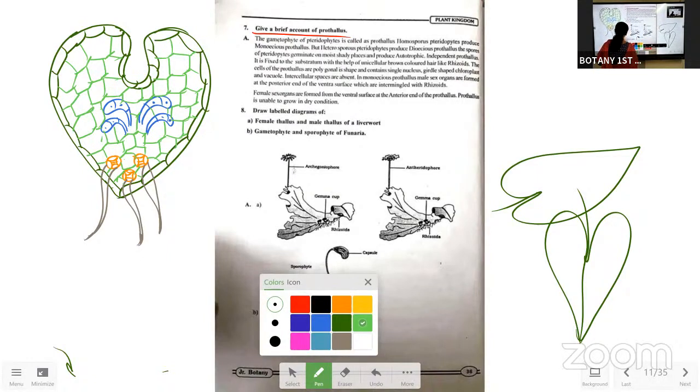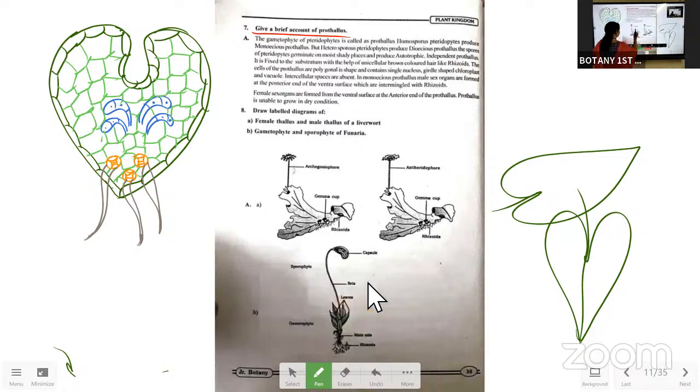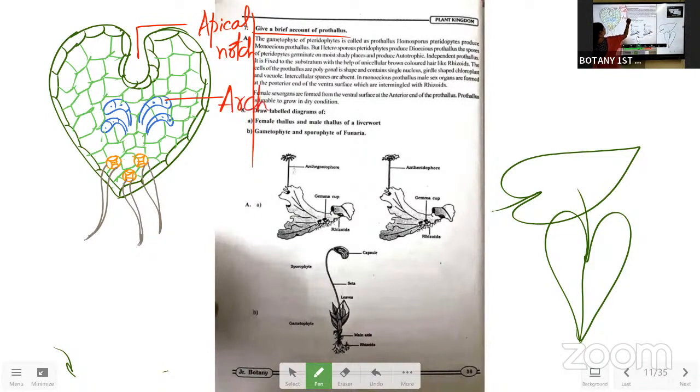Now we start the labeling. This is the apical notch. These are the archegonia. These are antheridia.